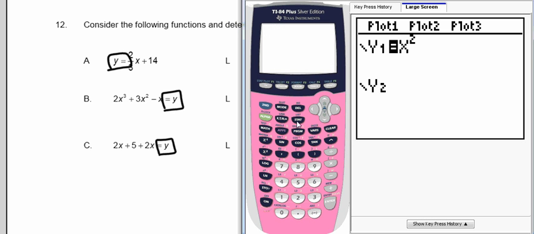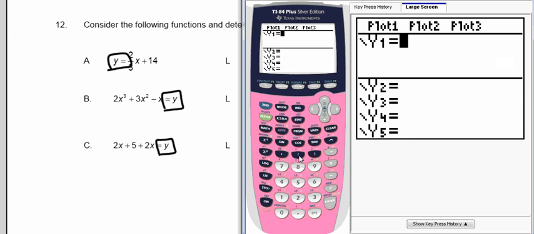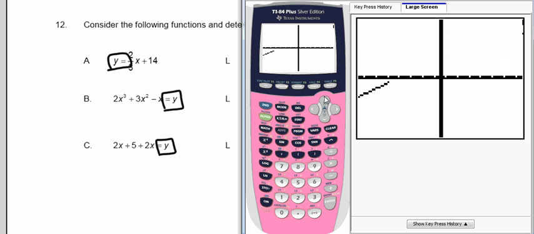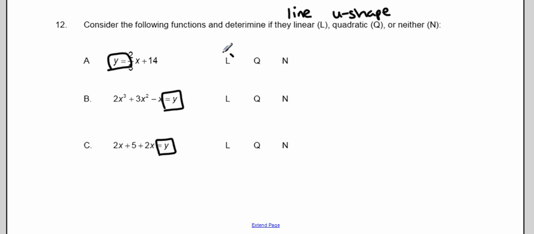So let's go to y equals and put in this fraction. You can either put in the fraction using the shortcut or put it in parentheses. It truly does not matter. Now to look at a picture, graph it. Now I notice this makes a nice, pretty line, so that tells me this function is linear.